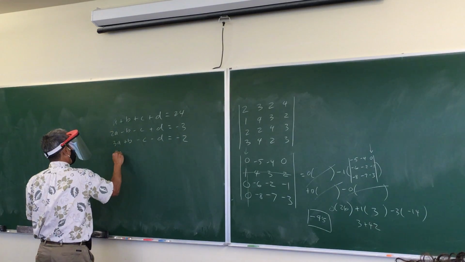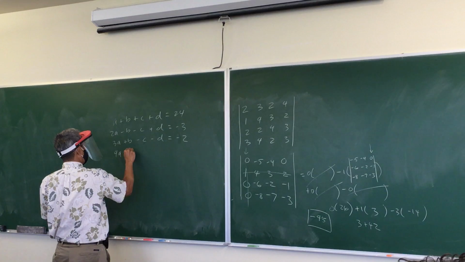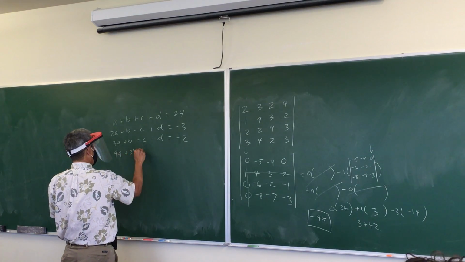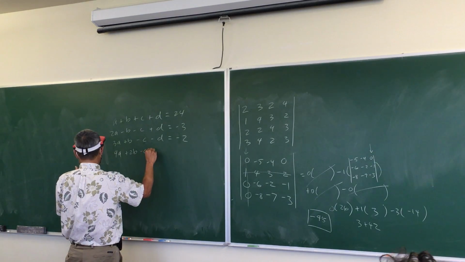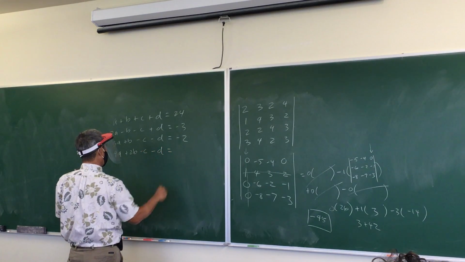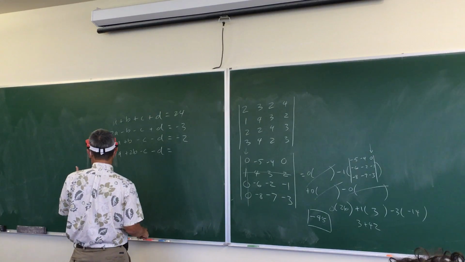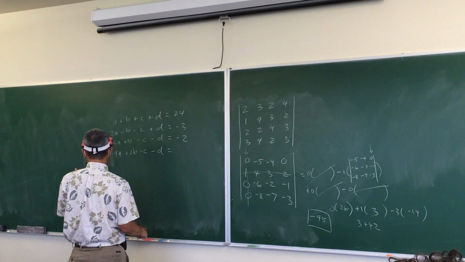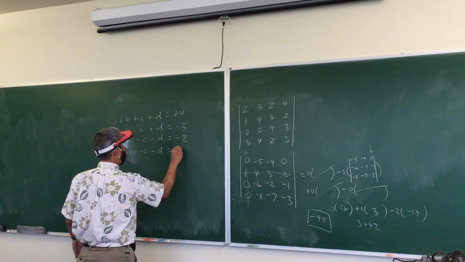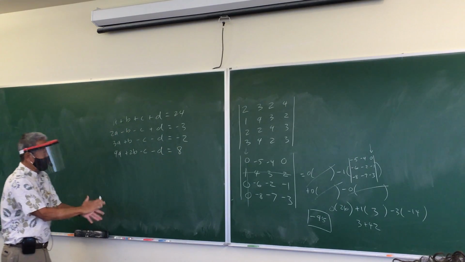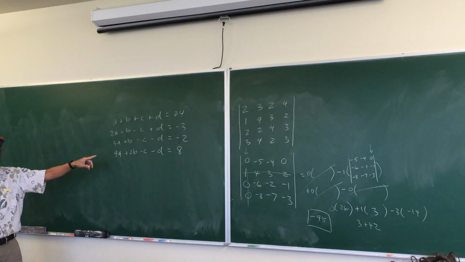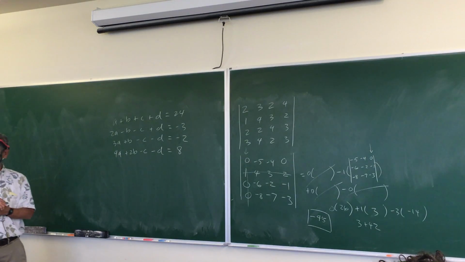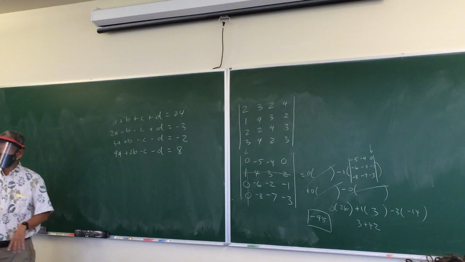And then 4A plus 2B minus C minus D equals... Okay, erase the evidence. Okay, solve this on your calculator. And then when you get the 4-digit number, tell me the significance of it.